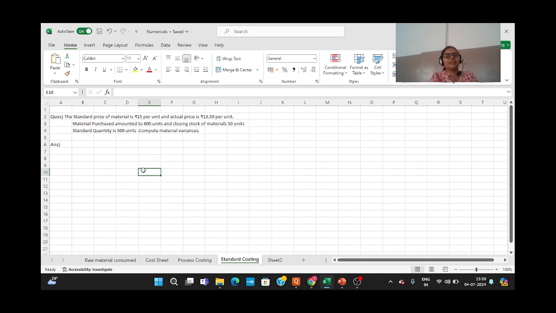You have one question in front of you. The standard price of material is rupees 15 per unit and actual price is 13.50 per unit.